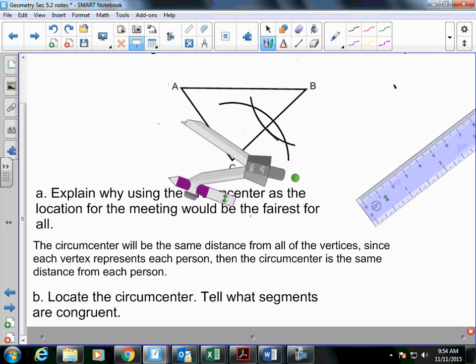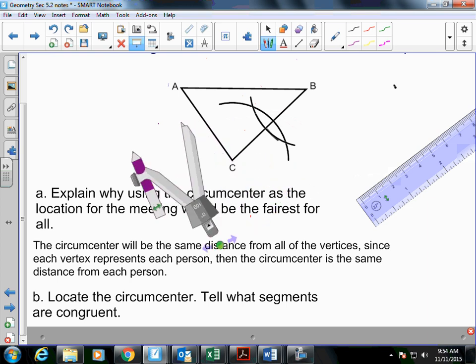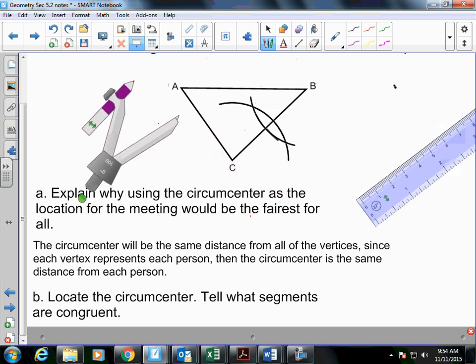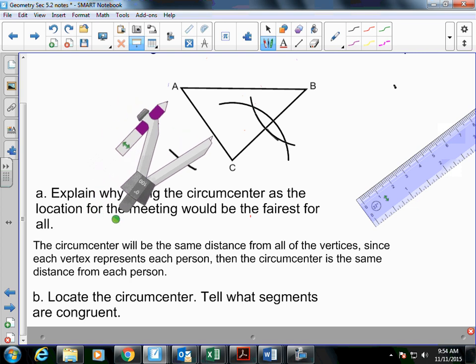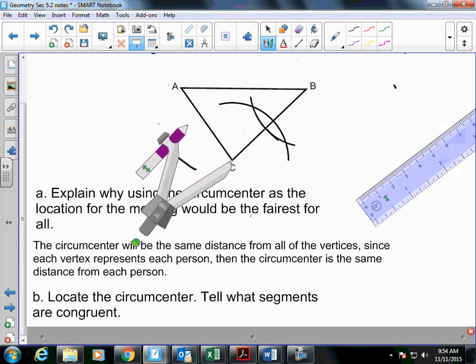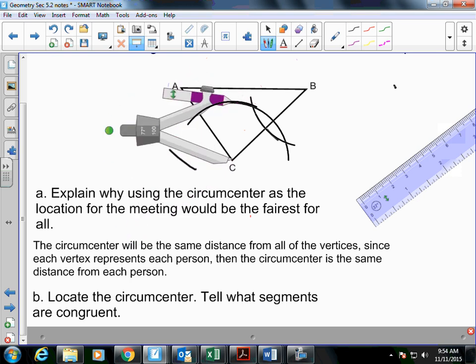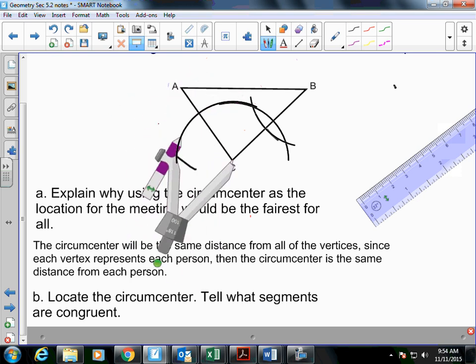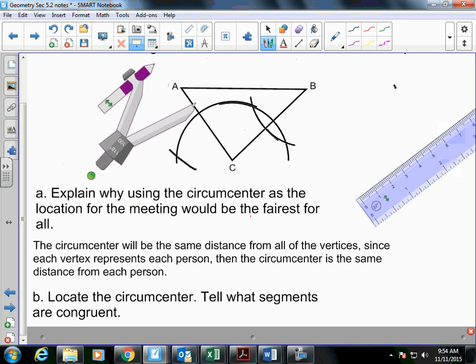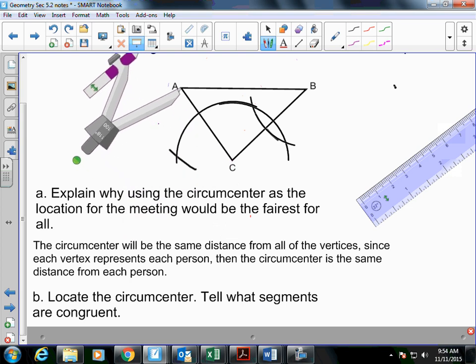And I'm going to go ahead and, well, I've got the compass, go ahead and do that for each side. So make an arc above and below on each side.